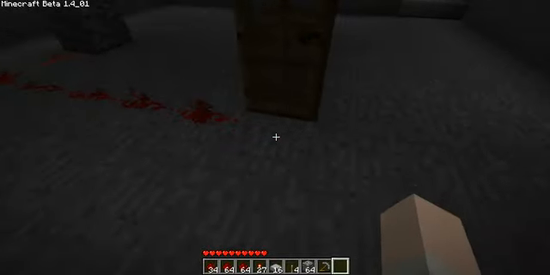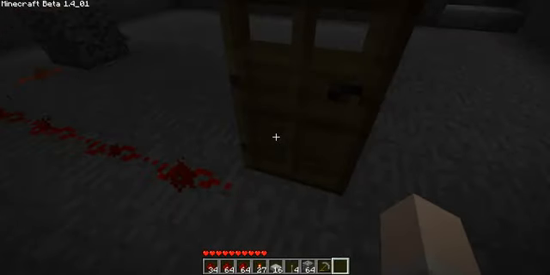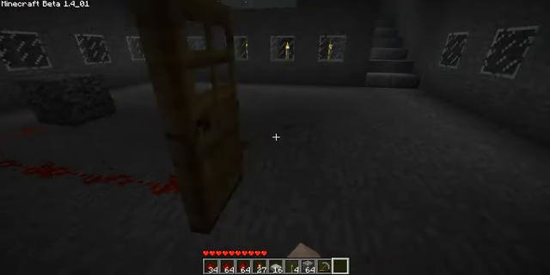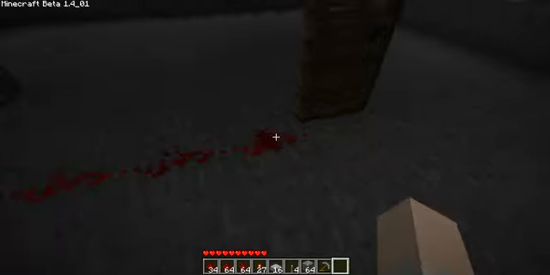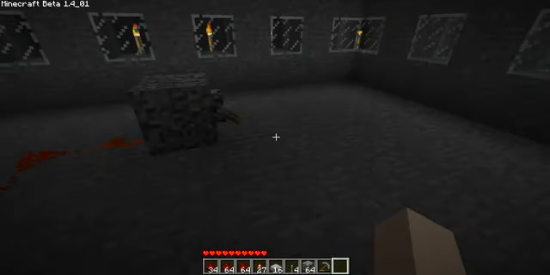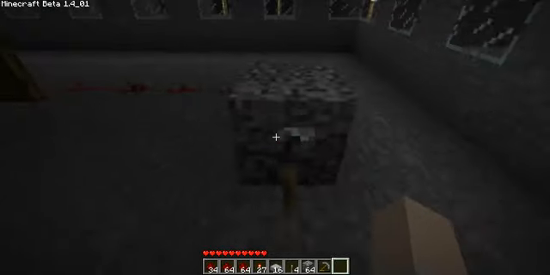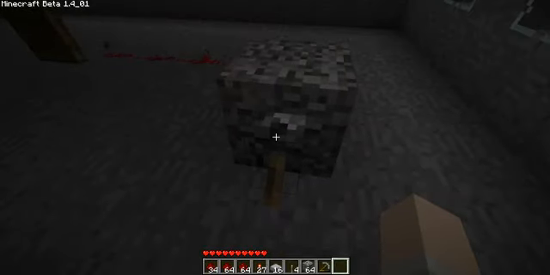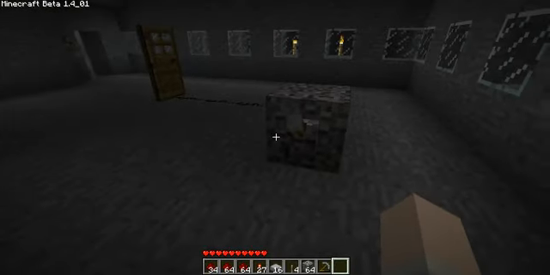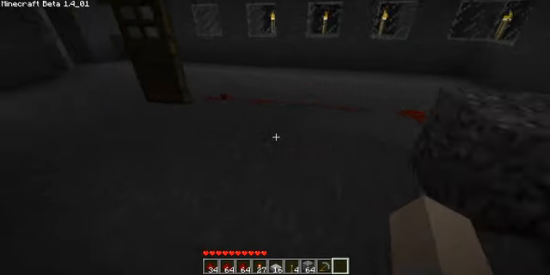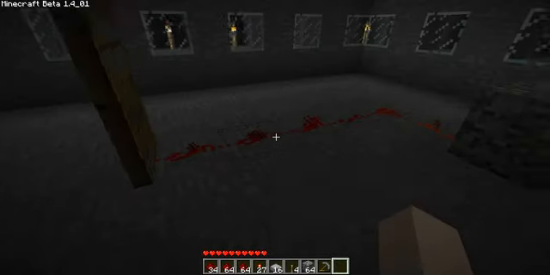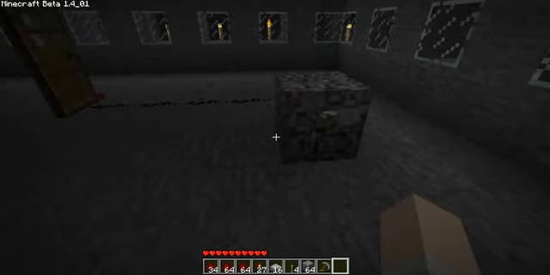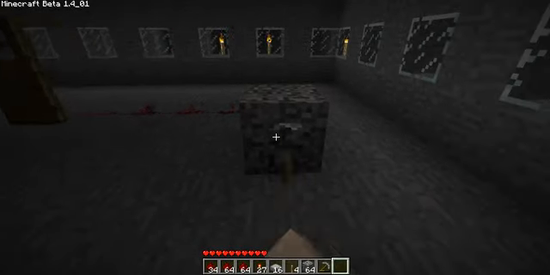This air block above this stone, which is actually not air because it contains the door, is horizontally adjacent to this wire. So when the switch is thrown, it powers the door. Switch it off, the door closes. Switch it on, door opens. Now since it's a wooden door, I can obviously adjust the state like that with my fists.